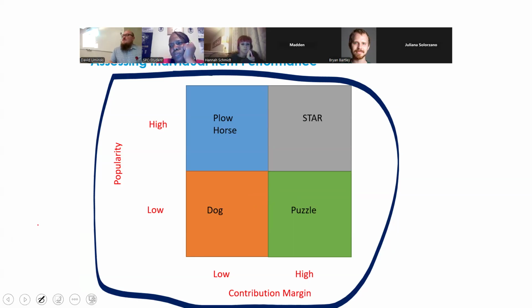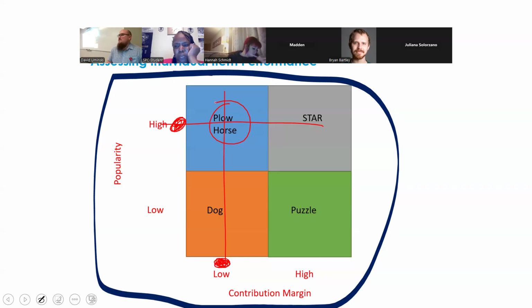All right, so the way we use this tool is if something has a low contribution margin and it has a high popularity, we draw our lines, and where our lines intersect, that's the category that that menu item belongs in.